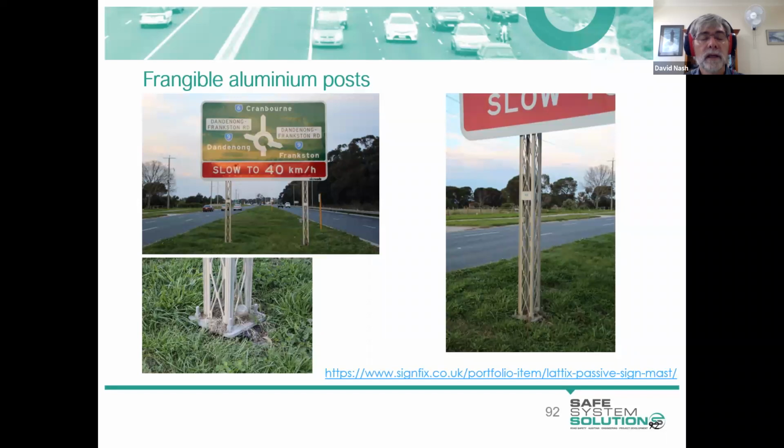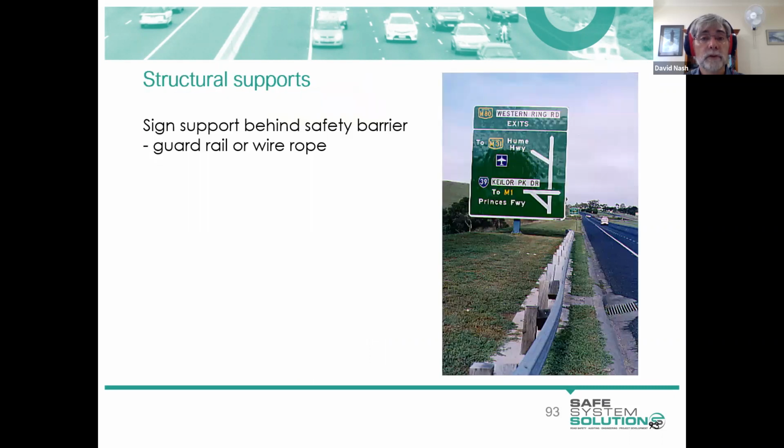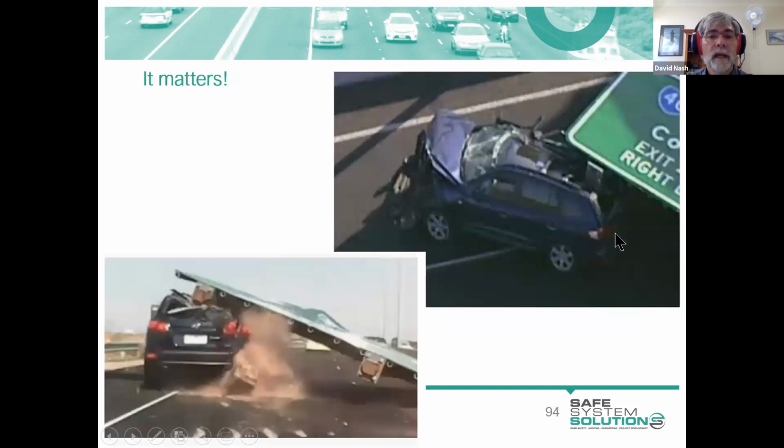These are the lattice type aluminium signposts, which are quite expensive, but very good. If you have a really large sign, it's got to be structural and therefore it's not forgiving, so it needs to be mounted behind guardrail. And all of that is important because of these sorts of issues that happen.